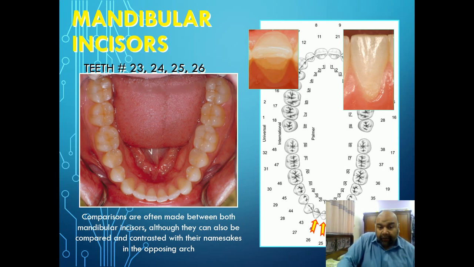So they are 23, 24, 25, and 26. Now, whenever we try to understand the identifying and distinguishing characteristics of mandibular incisors, we need to know the arch types, or the arch triads, the class triads, so that we can distinguish and compare and contrast them with the namesakes in the opposite arch.